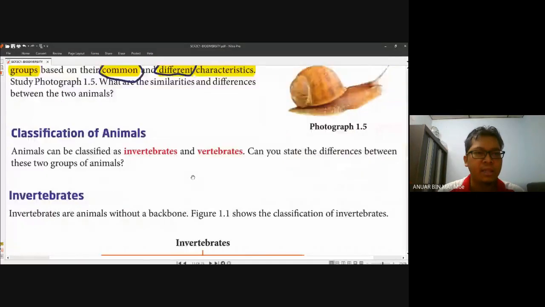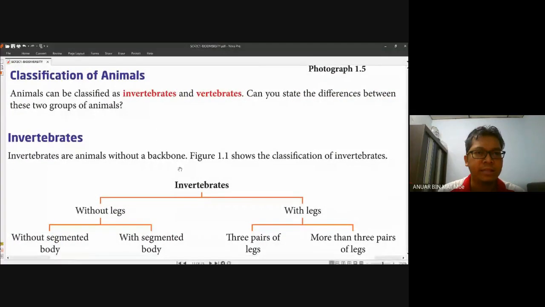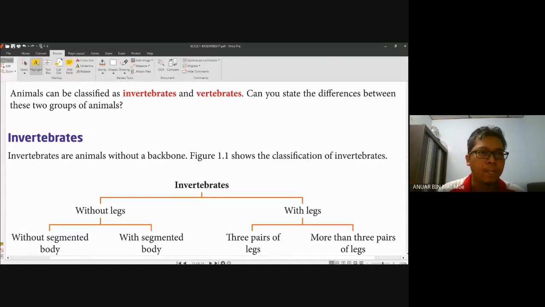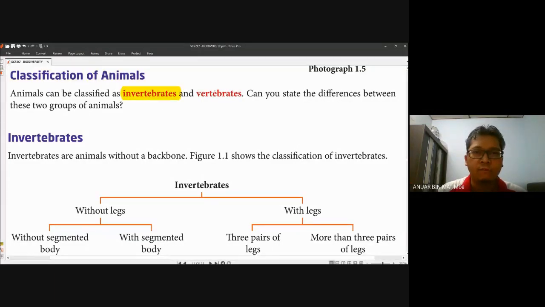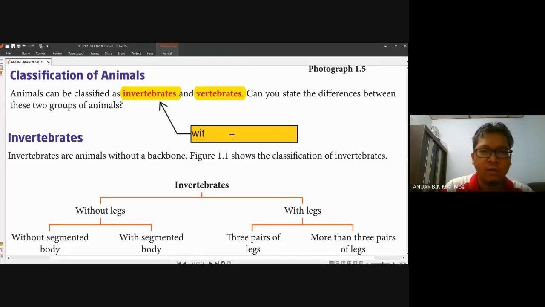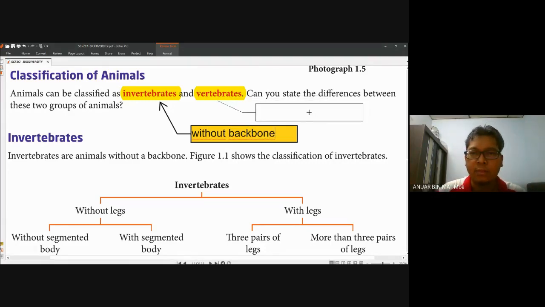So the next one is classification of animal. You need to understand this. In animal, we can classify into two groups. One is vertebrates and one is invertebrates. You just remember, invertebrate is the animal without a backbone. And vertebrates are animals with a backbone.